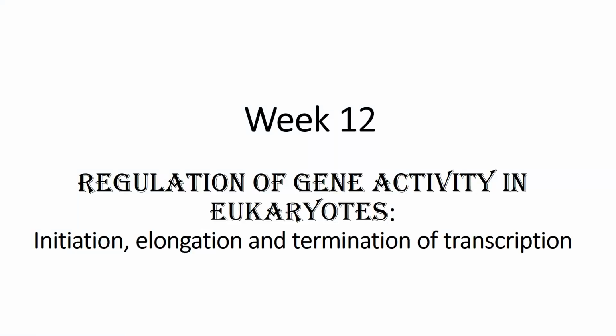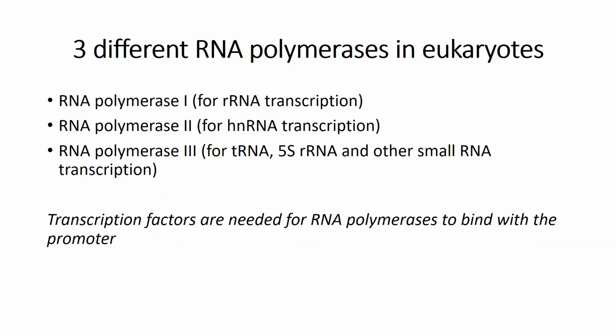This is week 2, lecture 2, regulation of gene activity in eukaryotes. Within this, initiation, elongation, and termination of transcription. There are 3 different RNA polymerases in eukaryotes. RNA polymerase 1 is for ribosomal RNA transcription.